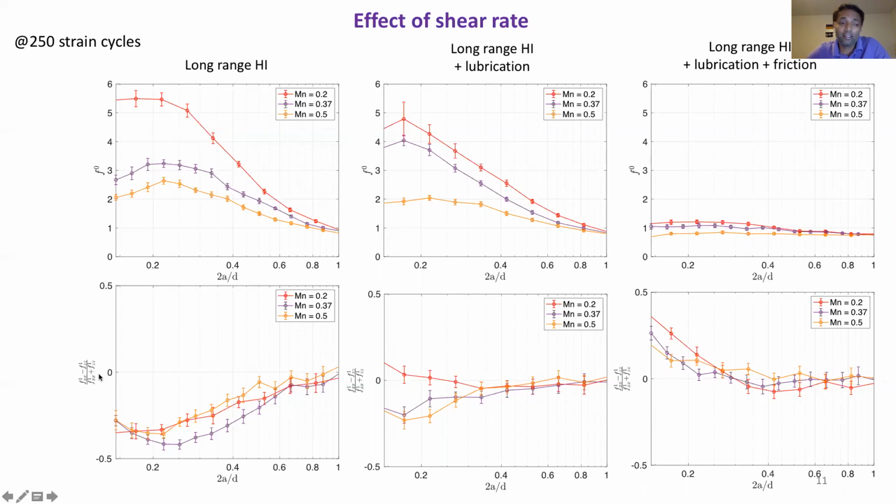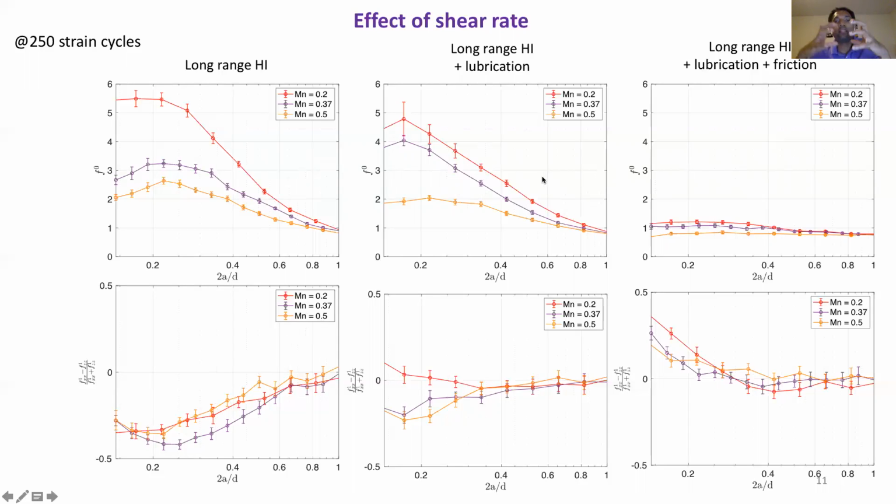The anisotropy factor with the lubrication module and the friction module is zero for all the shear rates, whereas the long-range hydrodynamic module produces a non-zero anisotropy at larger length scales. And it appears not to change with the Mason number or shear rate. One thing I want to point out is the reason we think we have larger fluctuations for the first two modules and smaller fluctuations with friction.